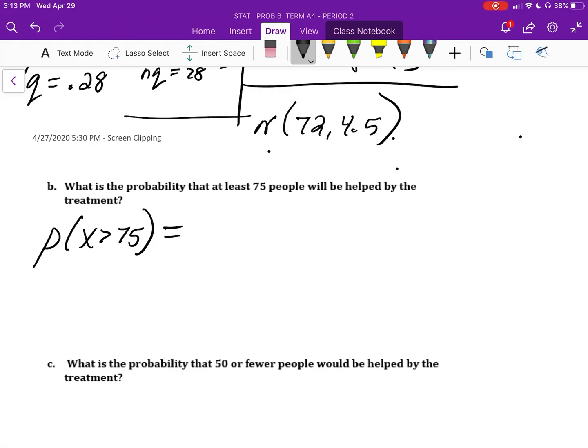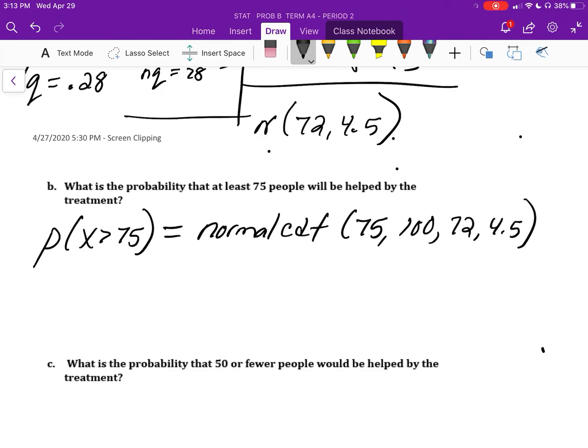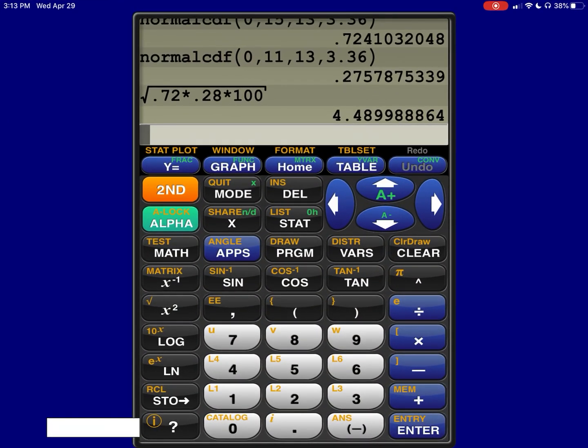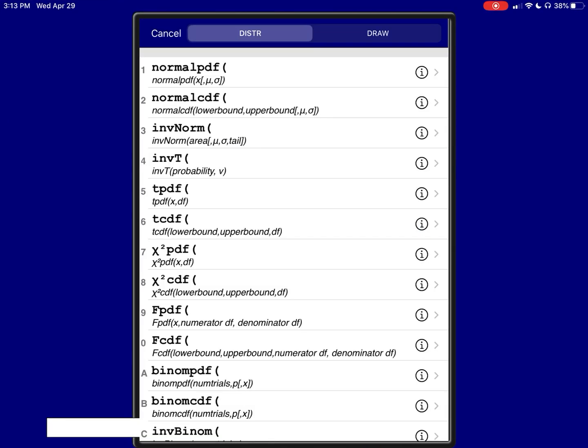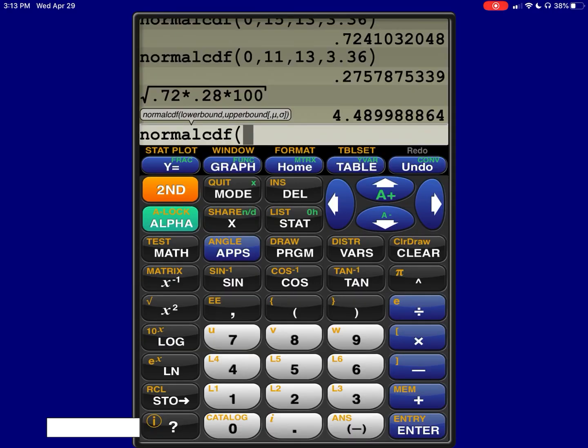So that is going to be normal CDF from 75 to 100, and the mean is 72 and the standard deviation is 4.5. So we go to our calculator, see if I can remember all that. So it's going to be 75 people to 100 are helped, and the mean is 72 and the standard deviation is 4.5.